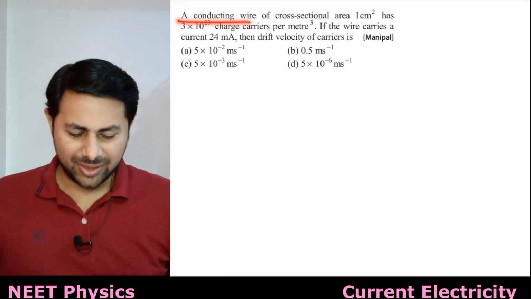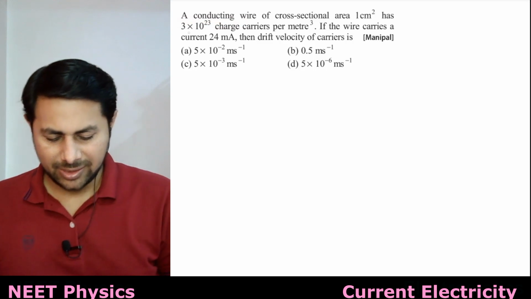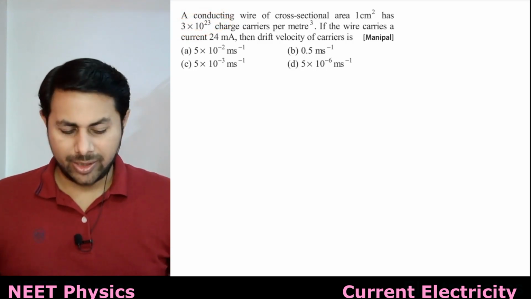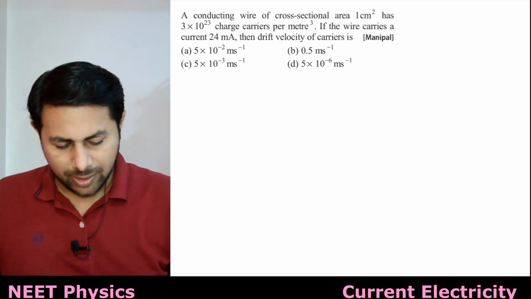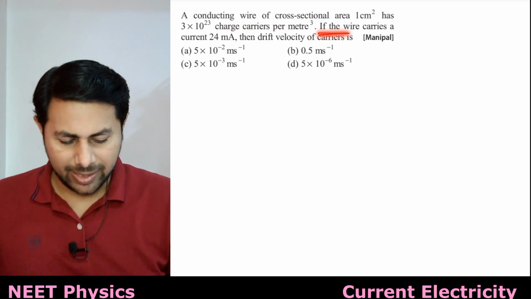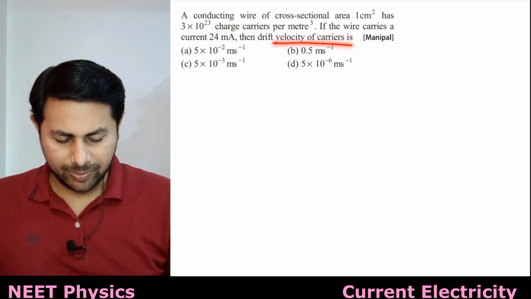A conducting wire of cross-sectional area 1 centimeter square has 3 multiplied by 10 raised to 23 charge carriers per meter cube. Charge carriers means electrons. If the wire carries a current of 24 milliamperes, then the drift velocity of carriers is?